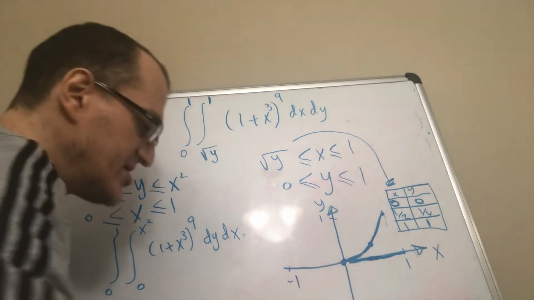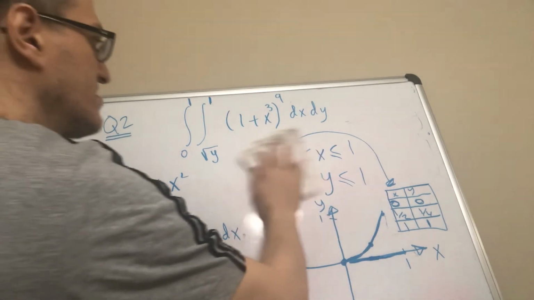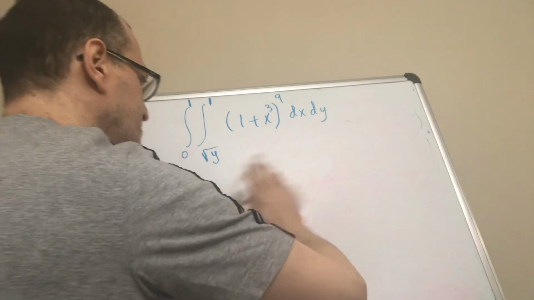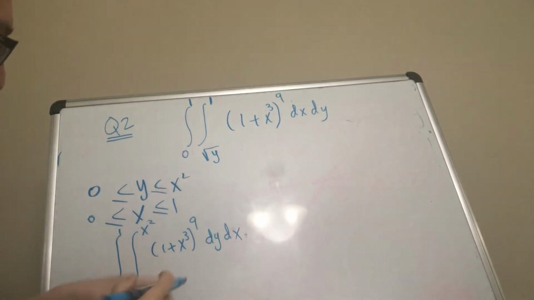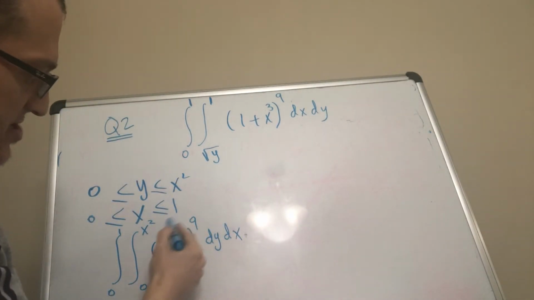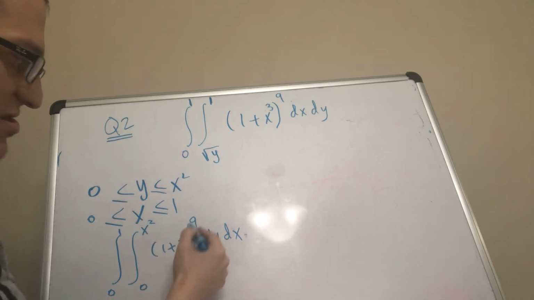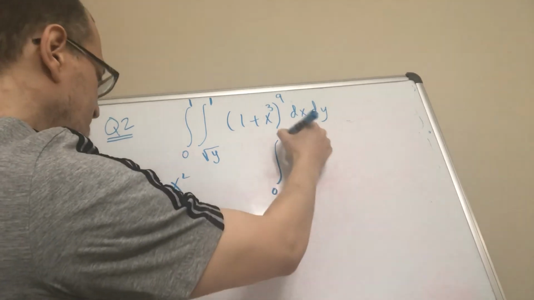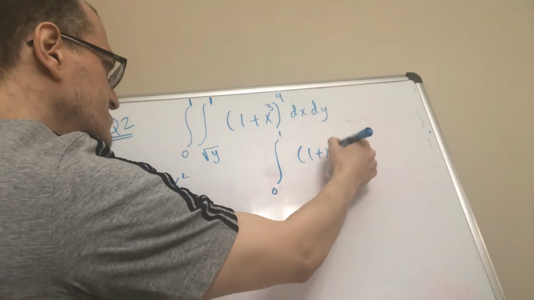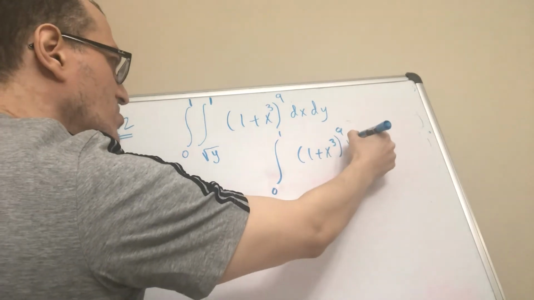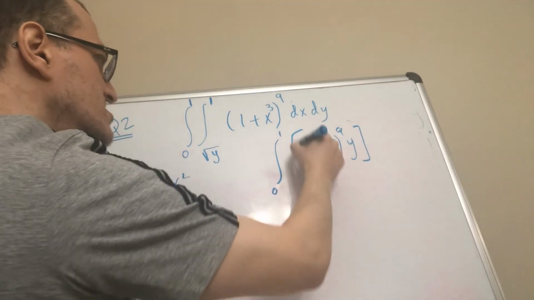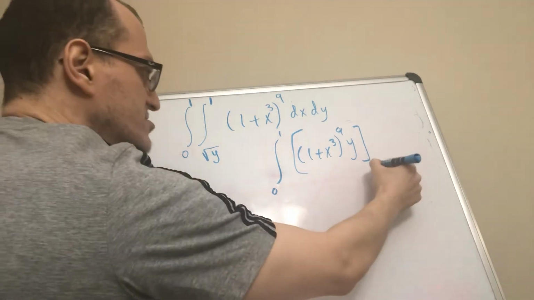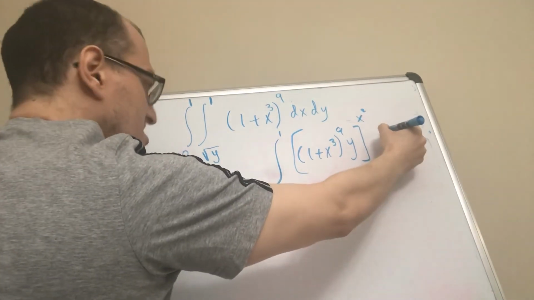I want to erase some of this. To integrate this with respect to y, you have a constant. This whole thing is a constant, so the result of the integration would be itself, y, between 0 and x squared, and outside dx.